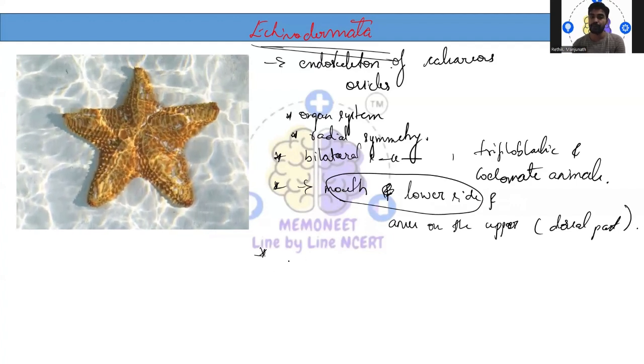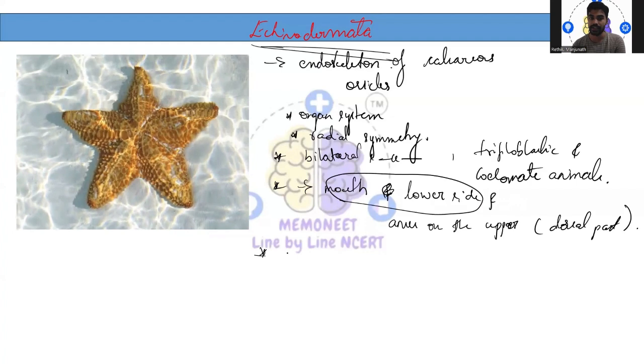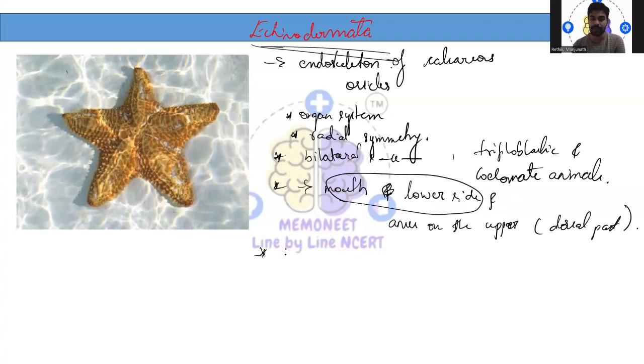The major important point in the phylum Echinodermata is the presence of the water vascular system. What is this water vascular system?